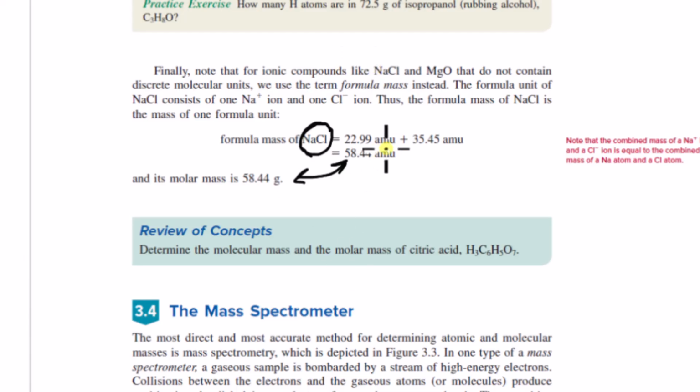And there's its mass. And so the molar mass is just saying I would need 58.44 grams of these sodium cation, chloride anion pairs. I would need to accumulate 58.44 grams of those pairs. And once I have that, then I know I have a mole of those pairs.